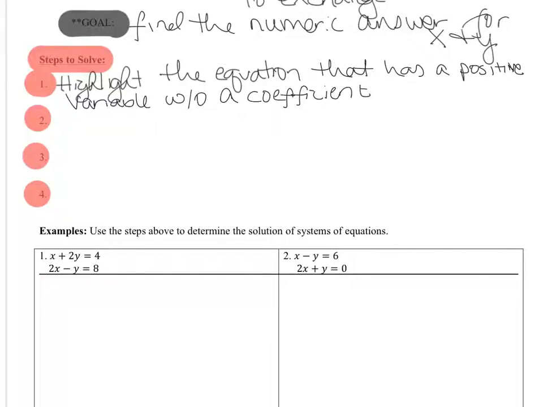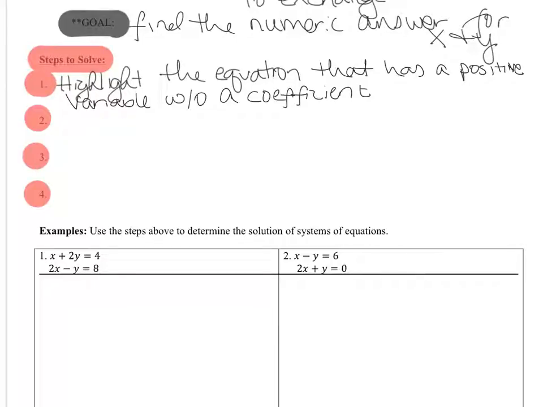That's step 1. Highlight the equation that has a positive variable without a coefficient. On these problems, you always have two equations. So you're choosing either the first one or the second one, and you're going to highlight that equation that has a positive variable without a coefficient.